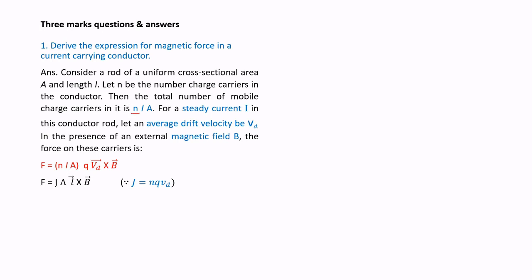For a steady current I in the conductor rod, there will be an average drift velocity Vd. In the presence of magnetic field B, the force on these carriers is given by F is equal to nlA, that is the number of carriers, into q Vd cross B. This is the cross product of drift velocity and magnetic field.